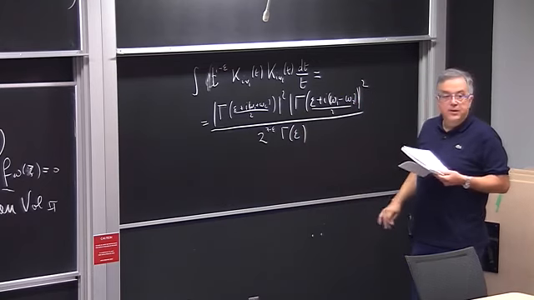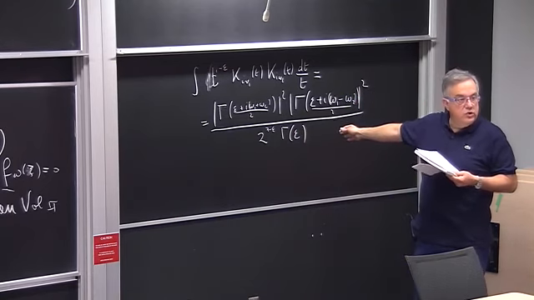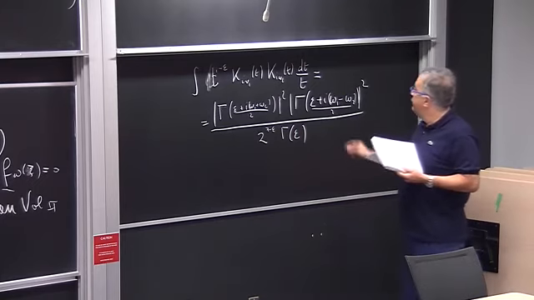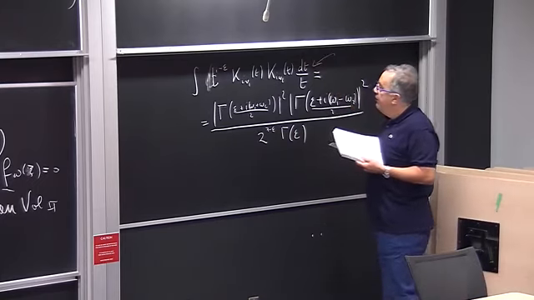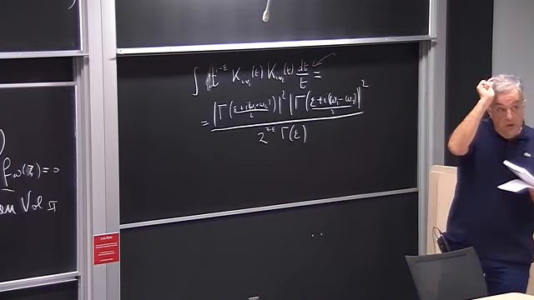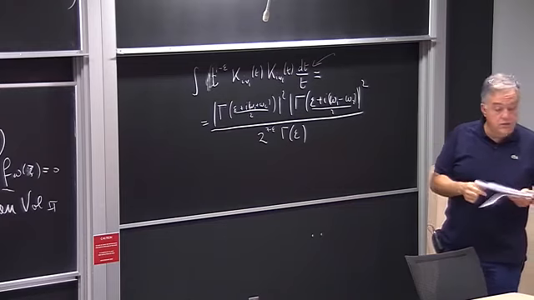If you let epsilon go to 0, you get the delta function out of here plus a normalization. This formula you can find in the Bateman book. You can prove it yourself knowing the properties of the McDonald function.